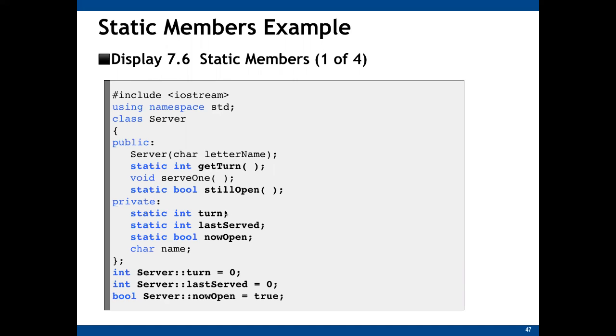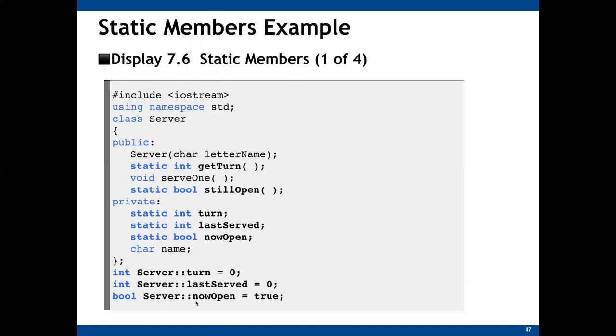And note that you do not initialize the static member variables inside of this class definition. Instead, you initialize static member variables outside of the class definition here using the class name and the scope resolution operator. So you set the turn static member variable to 0, and you initialize the lastServe static member variable to 0, and you set the nowOpen static member variable to true.